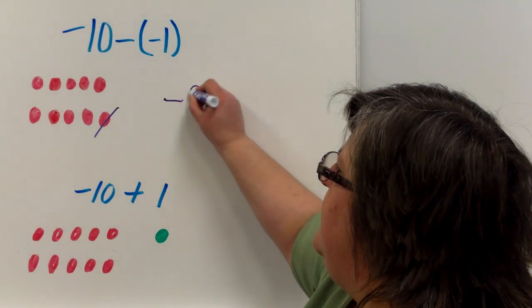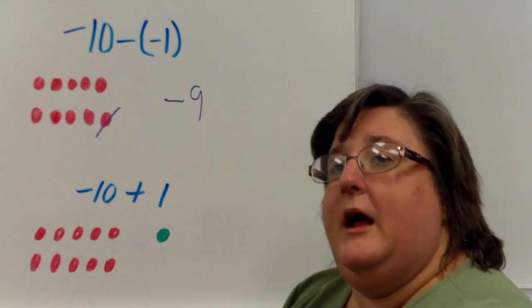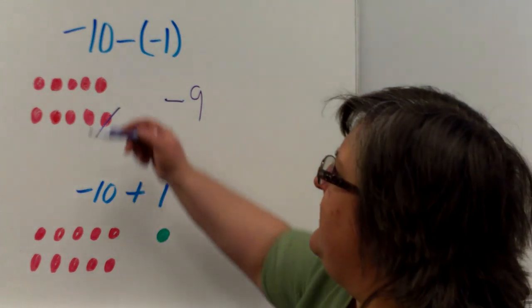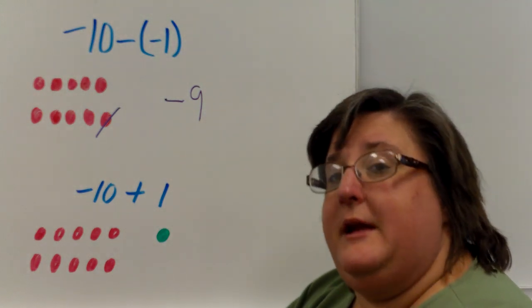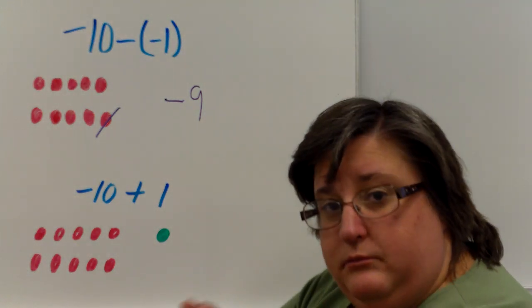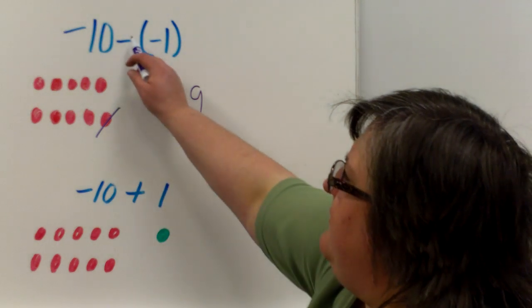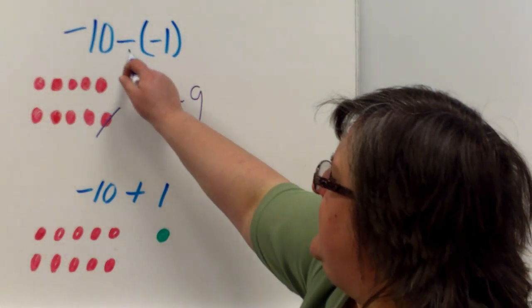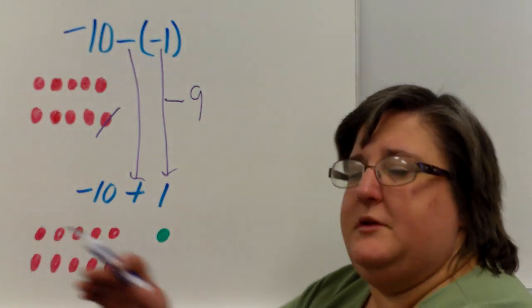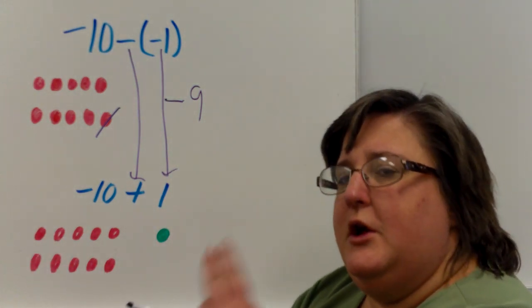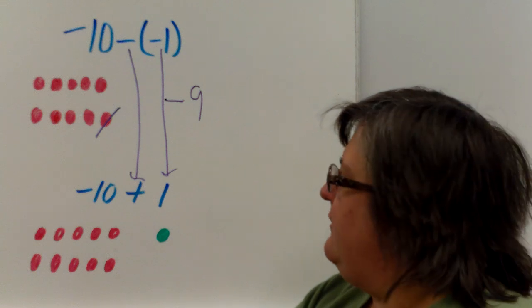So my answer would be a negative 9. Another way to think of it, you don't have to always be doing circles and drawings, but it helps in the beginning to get things more in focus. Remember, we're going to change this sign, and we're going to change that sign. Just think of that person walking back and then switching. 2 changes keeps you going in the right direction.